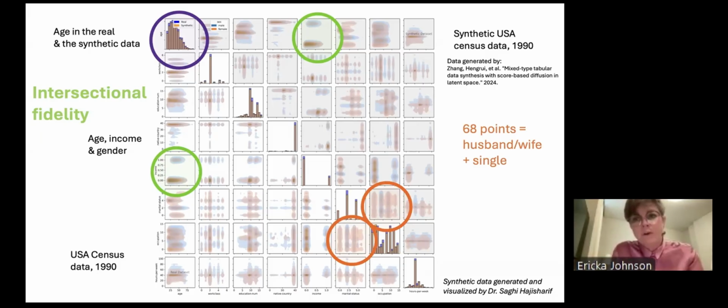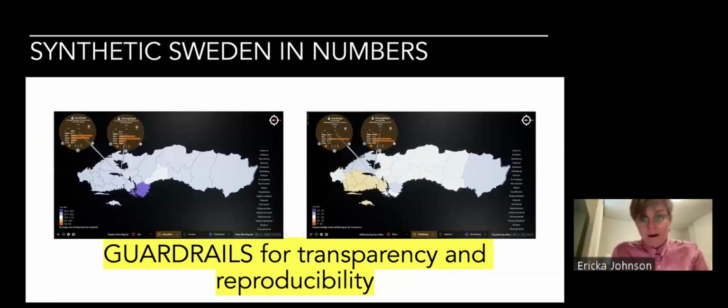And you would have to know where those are in order to know what you should use the data set for. Or if you're going to put it onto some sort of data repository and make it available for other people to use, those people should also know where the hallucinations and where the fidelities are.